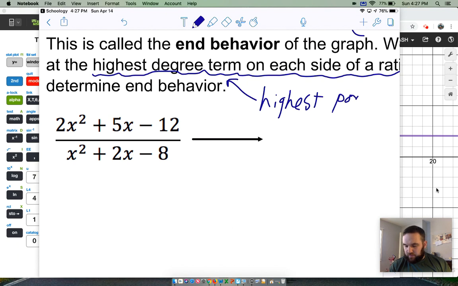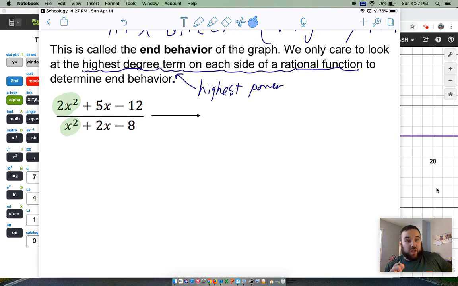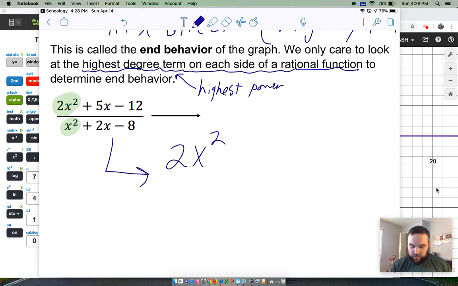So I'm going to look at just the highest power term, which means I'm going to look at just 2x squared from the top, and just x squared from the bottom. We can talk in class about why I'm only looking at those terms, but I'm essentially going to take this function, ignore all the other stuff, and write it as 2x squared over x squared.